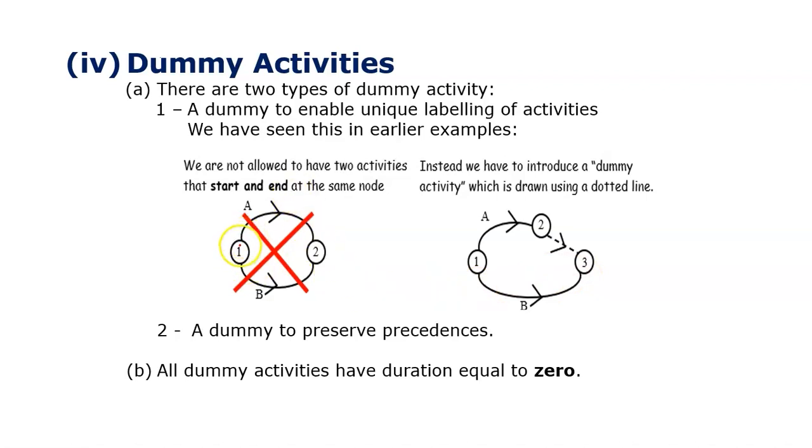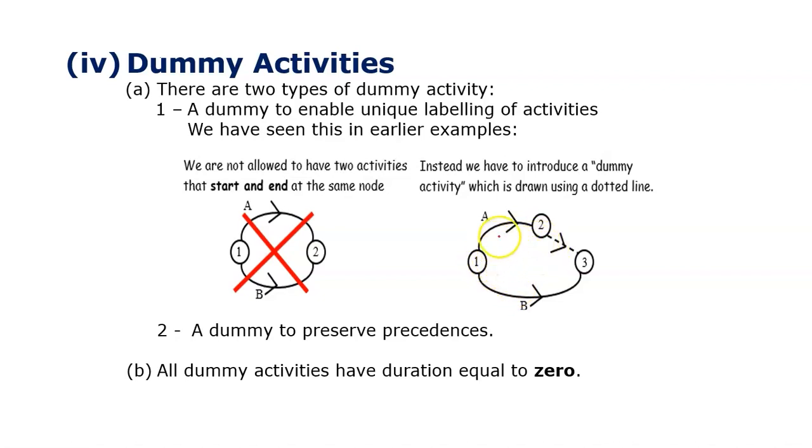Okay, and the fourth one is highlighting again really what we've just seen. You are not allowed to have two activities coming out of one node and going into another node, where both of them leave one place and both of them go into the same place. That is not allowed, because it causes basic problems later on in terms of how you draw it and making sure you get the right result.